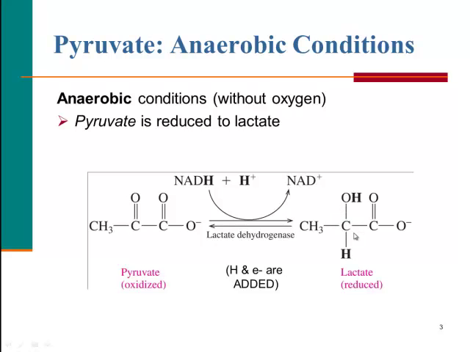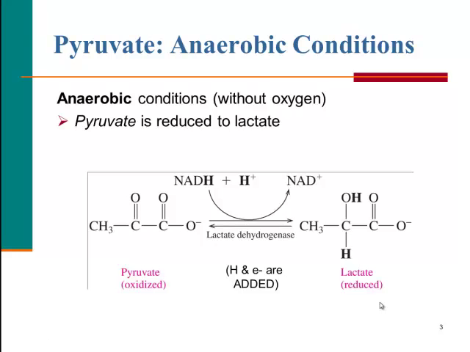bonds. Now this molecule is lactate, or it's also referred to as lactic acid, because it is a version of a carboxylic acid. So we still have the carboxyl group right here. Now again, this is what happens in our muscle, and this product, lactate, is what is referred to as a metabolic dead end, which means that the muscle cells will produce this molecule, but once the molecule is produced, there's no other use for that molecule in your muscle cells.